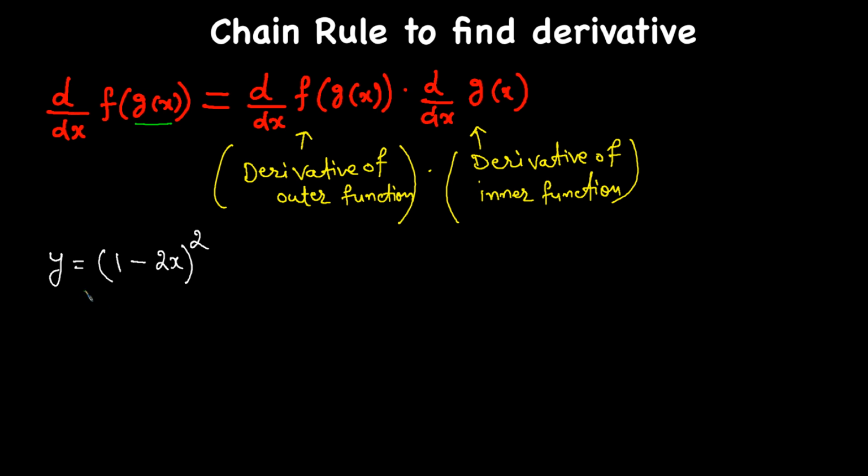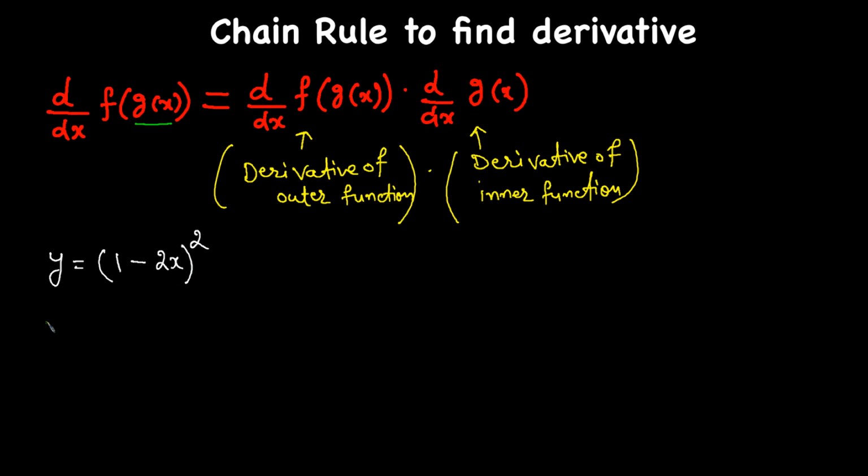Let's say we've got a function y is equal to (1 minus 2x) raised to the power 2. In this example, according to the chain rule, we need to find the derivative of the outer function. Here our outer is the power 2, so we're going to use the power rule to differentiate it.